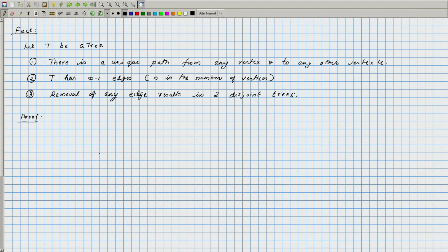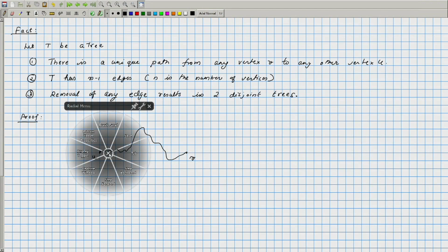Okay. So, you look at any particular vertex u and any other vertex v, we want to say that there is precisely one path between them. Okay. So, we may assume the contrary, that is, let us assume that there is more than one path between u and v. So, let us say this is some path and then there is some other path. If you look at these two paths, there is a first place where these paths diverge.